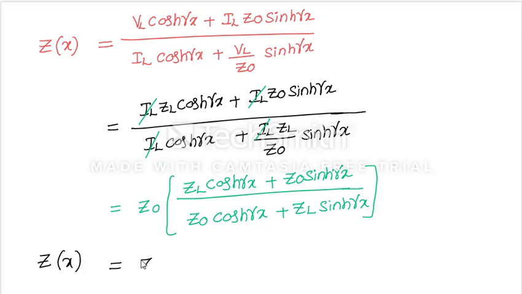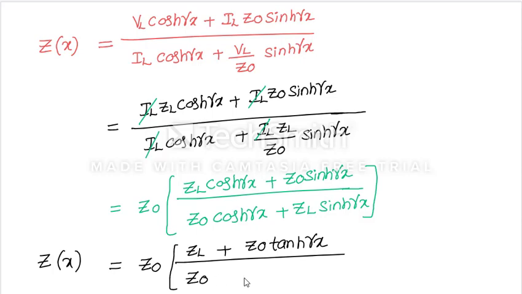Now if I divide with cosh, then here what I will get? This is ZL plus Z0 tanh(γx), divided by Z0 plus ZL tanh(γx), isn't it?